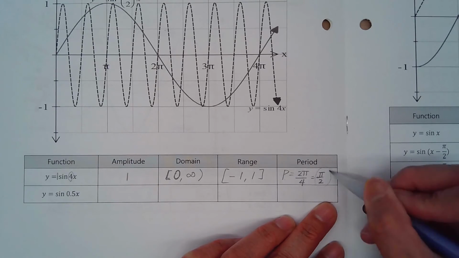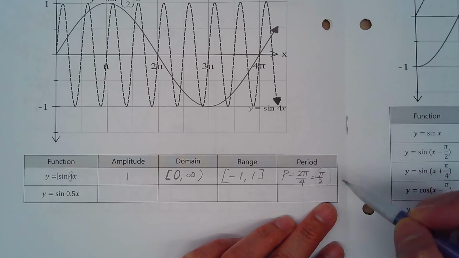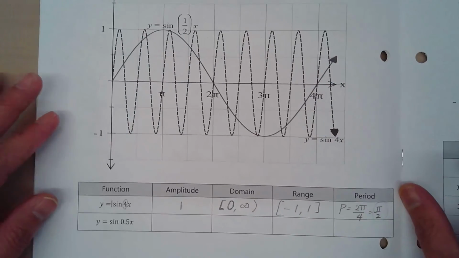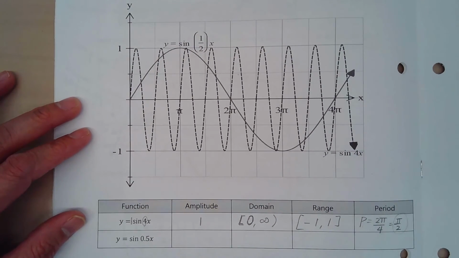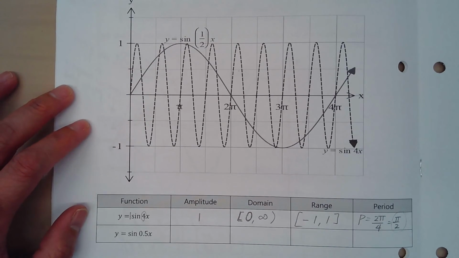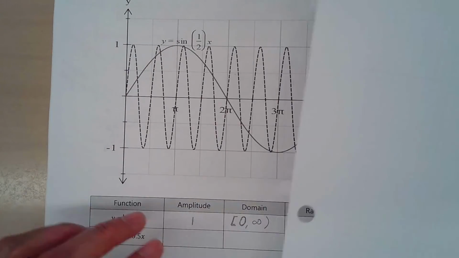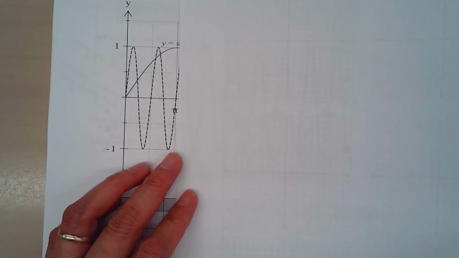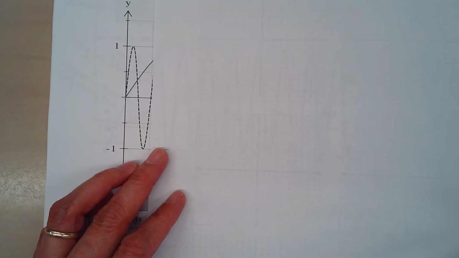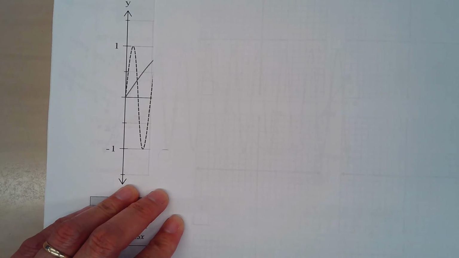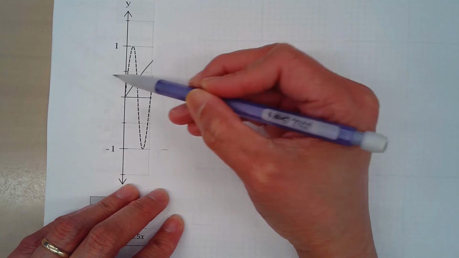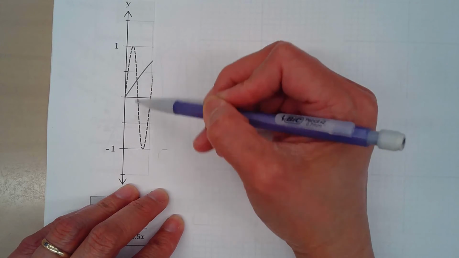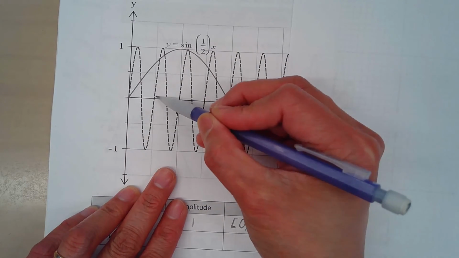So that means to complete one cycle, we're going to do pi half. Where's pi half? If this is pi, and then this is pi half, is that one complete cycle? Yeah. So the period is pi half.